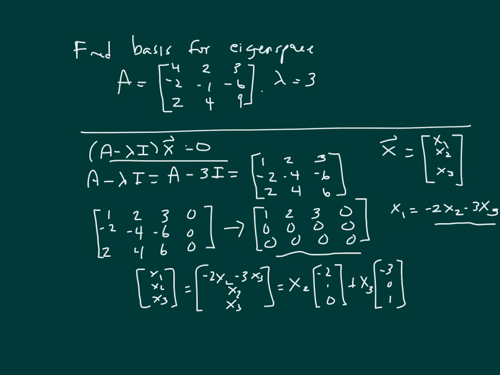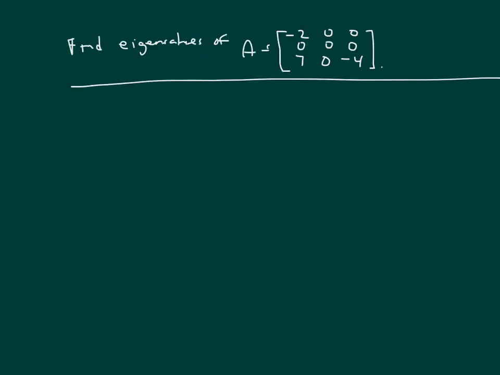The question is, find the basis for the eigenspace. And so the basis is the two vectors, since all solutions are linear combinations of those two vectors. So they form the basis for the eigenspace according to lambda equals 3.